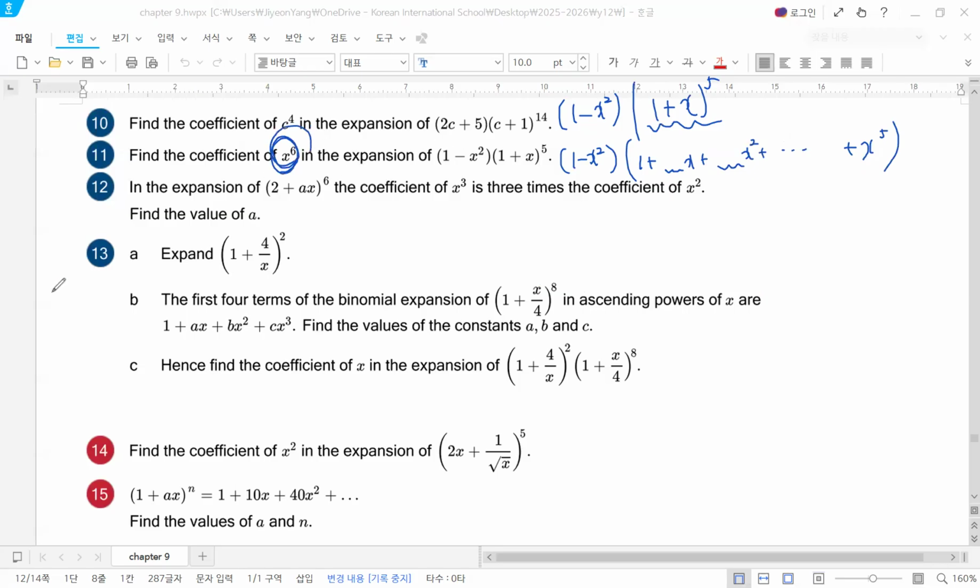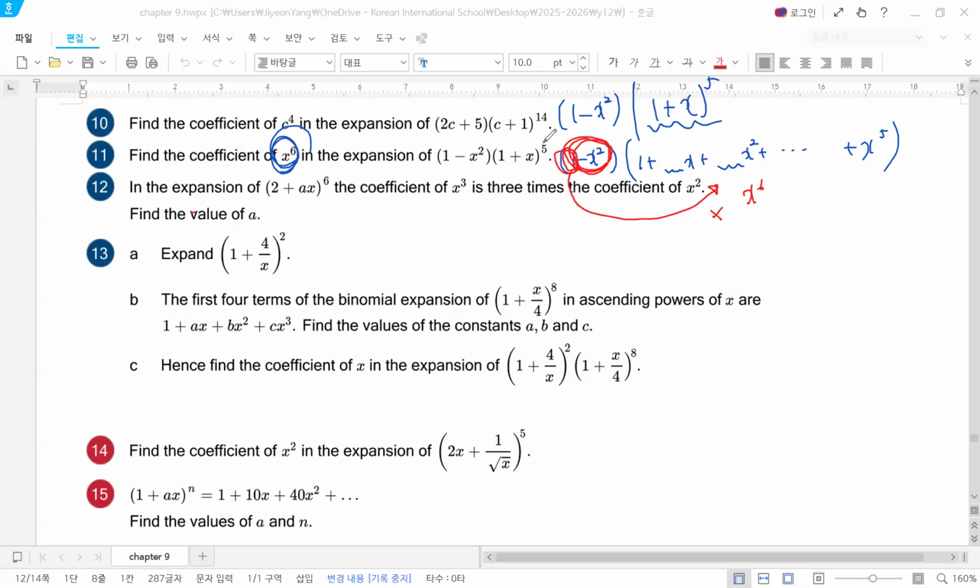So firstly, to make x to the power of 6 by multiplying by 1, you need to find x to the power of 6. There is no such term, so you cannot make x to the power of 6 by multiplying by 1. So in this case, you can just rule that out and use negative x squared.